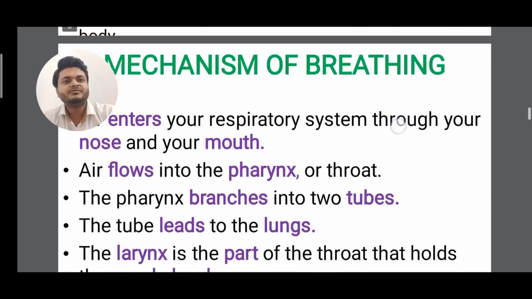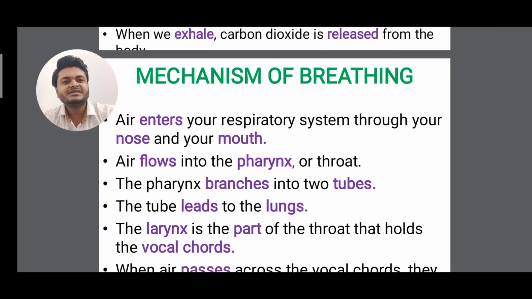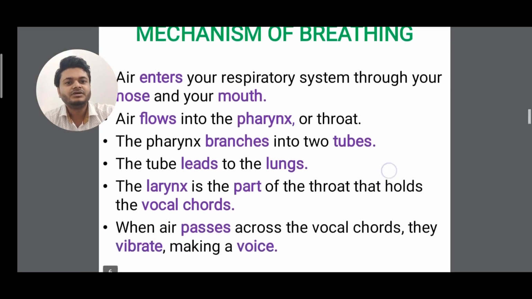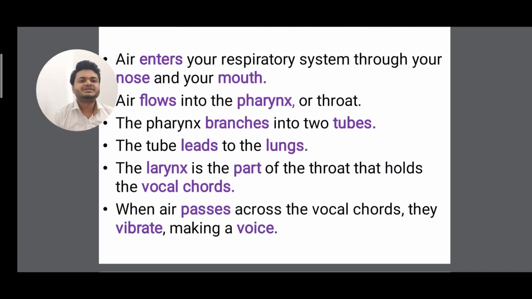Now in the mechanism of breathing, as I said, air enters your respiratory system through your nose and mouth. Clear? As I have said earlier, air flows into the pharynx or throat. The pharynx branches into two tubes, as I have said, that lead to lungs. The larynx is a part of the throat that holds the vocal cord. When air passes across the vocal cord, they vibrate and make a noise.